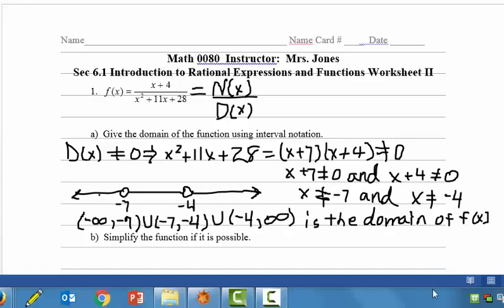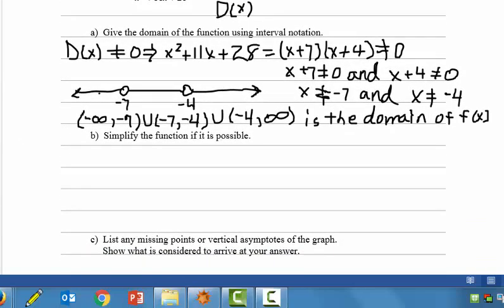All right, so we want to simplify our function if that's possible. Whenever we simplify our function, we factor the numerator and denominator. Can't factor x plus 4, but we can factor x squared plus 11x plus 28 into x plus 4 times x plus 7. So we see we have a common factor of x plus 4 that divides out.